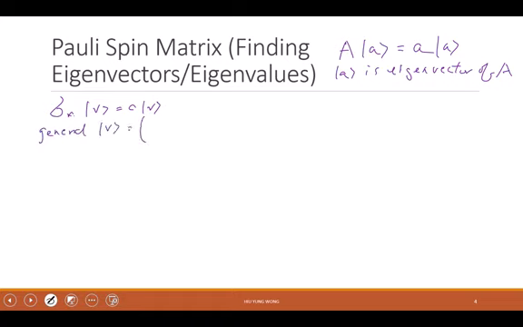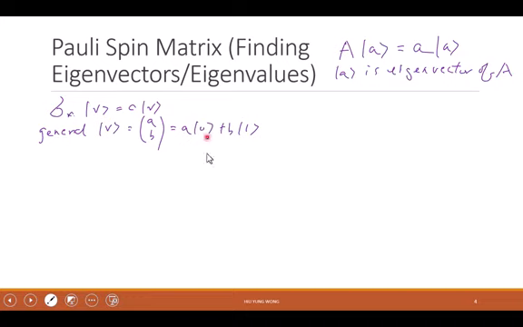In general, what is v? Well, it must be a linear combination of 0 and 1, which is a times 0 plus b times 1. And that's why I write in this column form, because it means I have a units of the first basis vector, b units of the second basis vector. Now, which basis are we talking about?